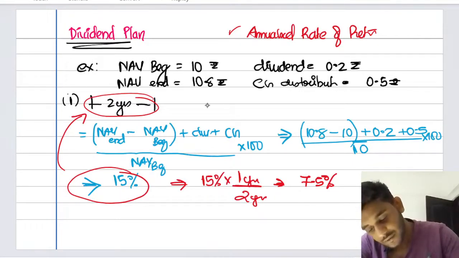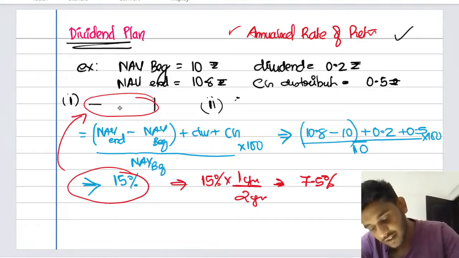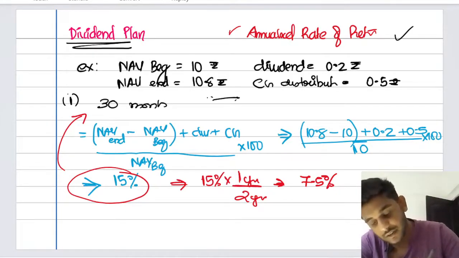Now imagine if the question is asking for the annualized rate of return, but in the details the time period is given as 30 months. These are the details for 30 months. Then how will we calculate?